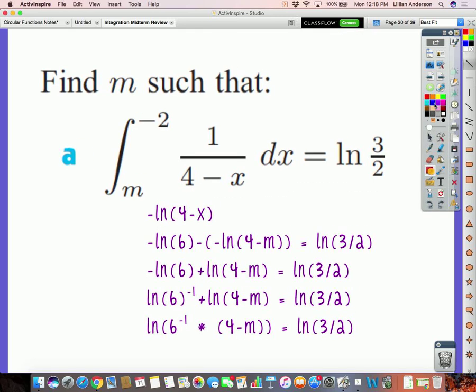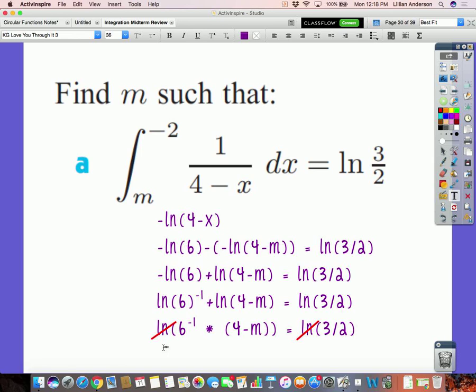Now, again, knowing what you know about natural logarithms, when you have a natural log equal to another natural log, what happens? They cancel. So essentially, you're just left with the good old linear equation that you have to solve. 4 minus m over 6 equals 3/2. And you have to solve that for m. And then that will be your answer.